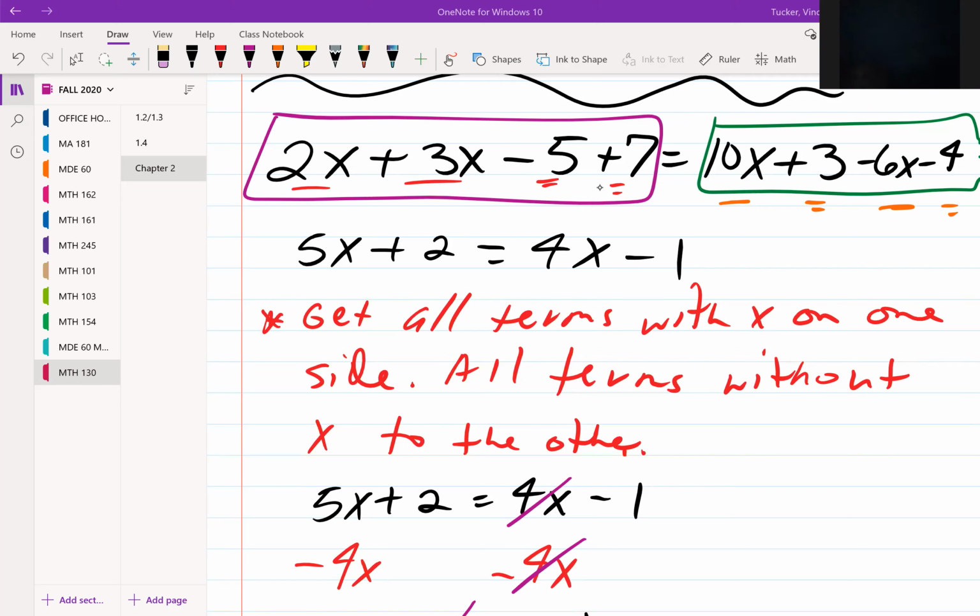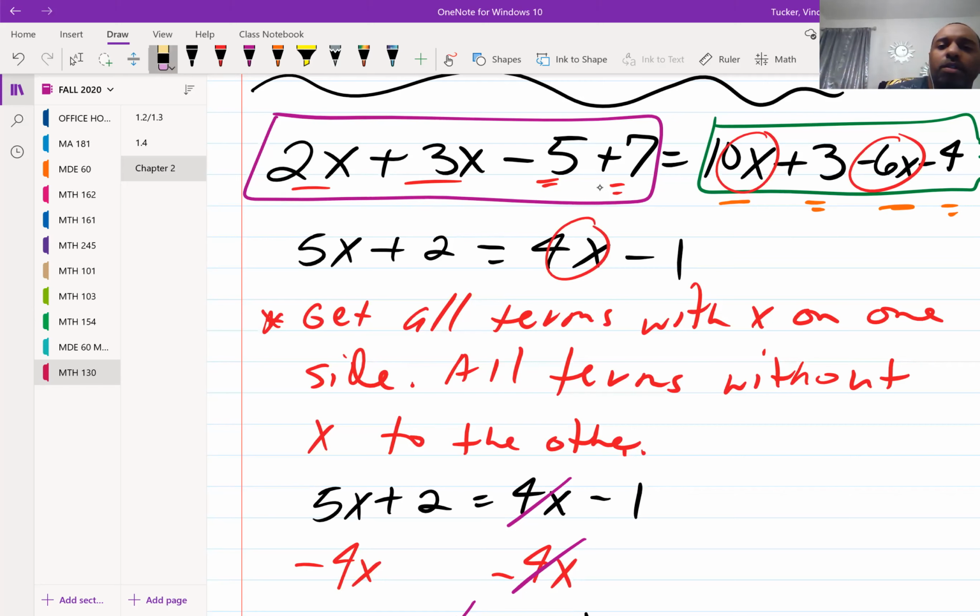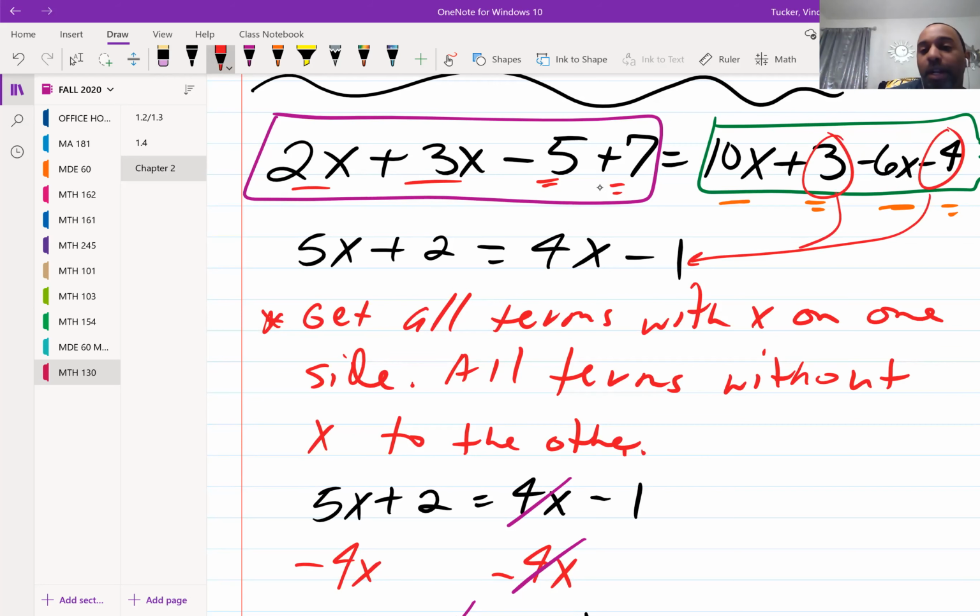So what happened here was, going from this green box to 4x minus 1, the first thing I did was 10x minus 6x, which gave me this 4x right here. And then looking at those numbers, I have 3 and a negative 4. The 3 and negative 4 came together to give me that negative 1.